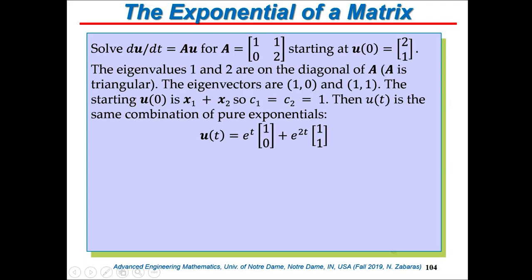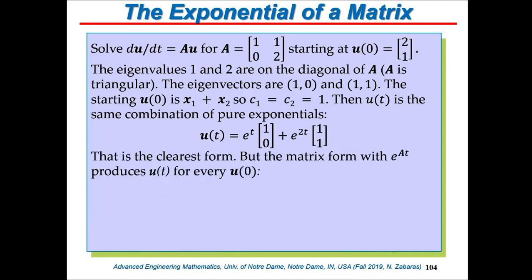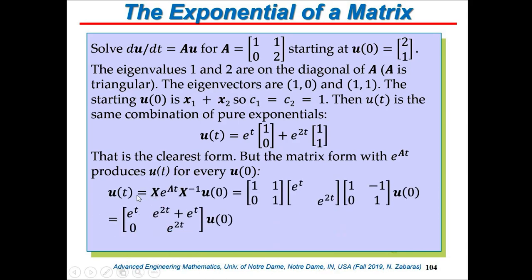And you can put this in the most general form that I had before, the e to the At times u0. So I can write the solution also as X, where X is the matrix of the two eigenvectors, 1, 0, 1, 1, and X inverse will be 1, 0, minus 1, 1.